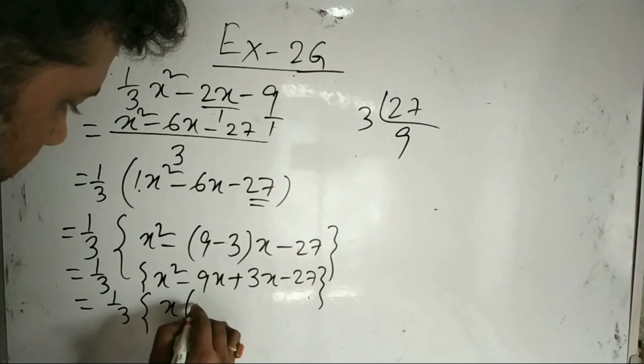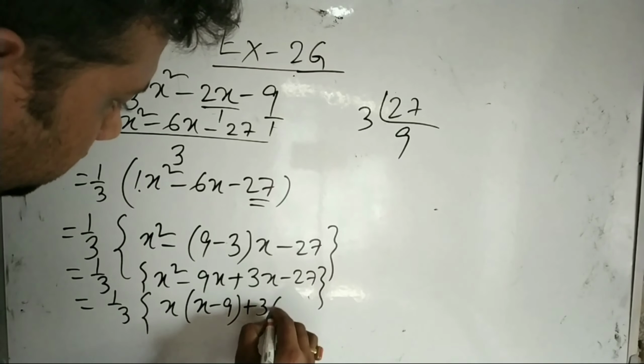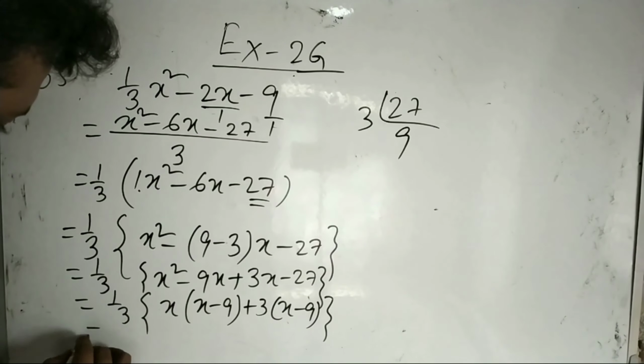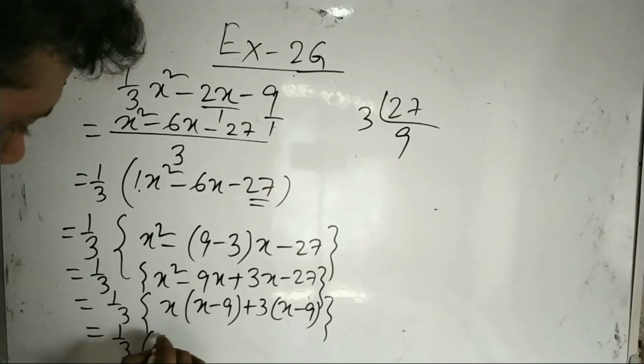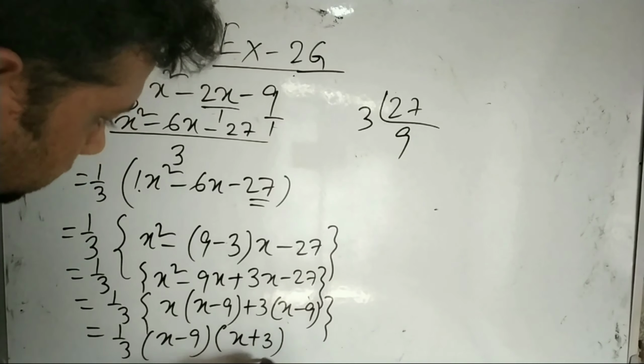X common from the first two terms, x minus 9. Take 3 common from the last two terms, x minus 9. Again 1 by 3 x minus 9 into x plus 3.